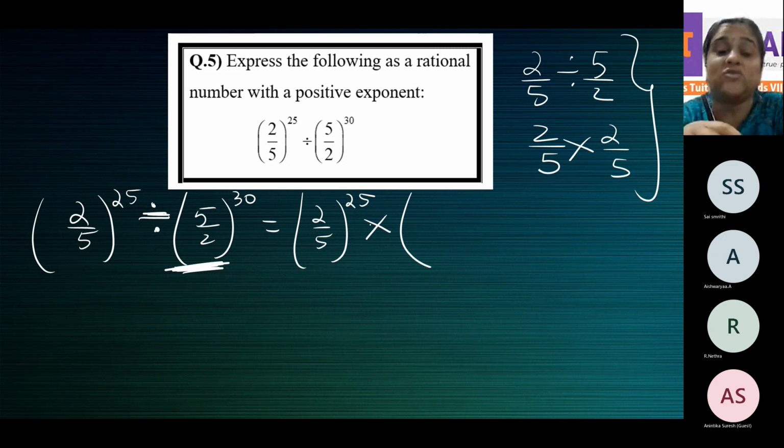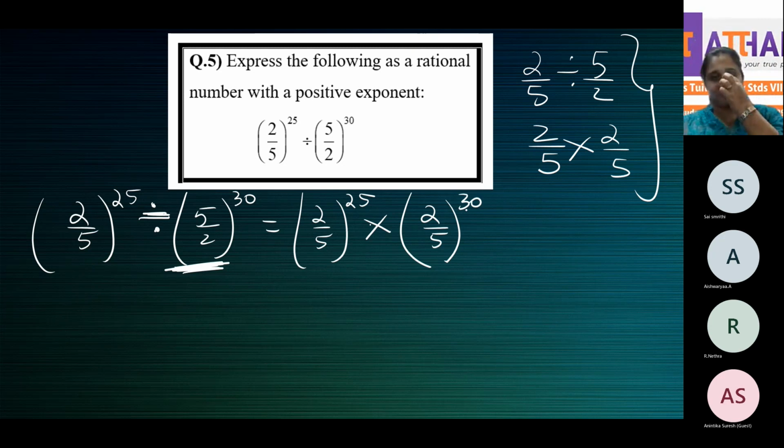Now it is in your hands to choose which one to write. So you want to have the base 2 by 5, so you change the base. You should write the reciprocal: write 5 by 2 as 2 by 5, and write the power as it is. For writing the reciprocal, you should do only one of the two changes.